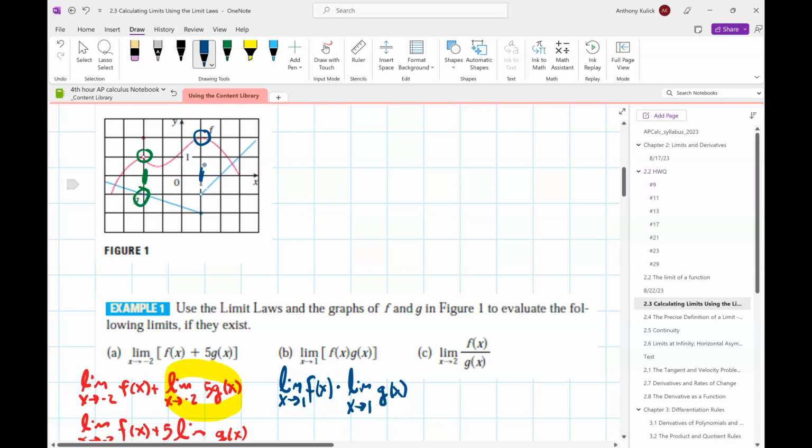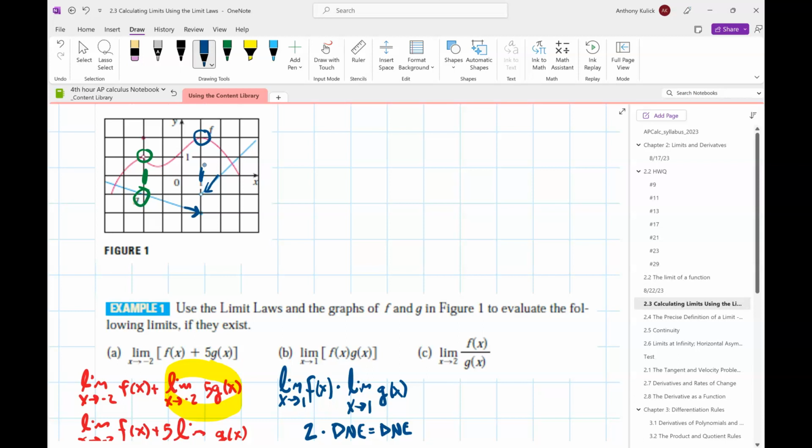So f is 2, but what is g? When the limit as x approaches 1 of g, the left hand and right hand limit disagree. So it does not exist. 2 times does not exist means does not exist, right? I'm done.